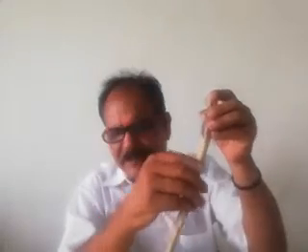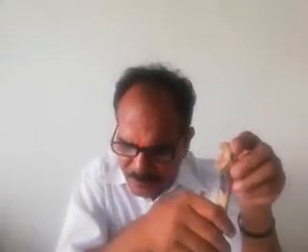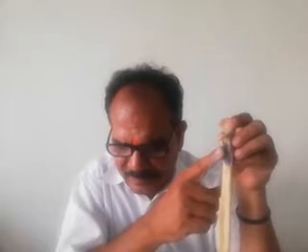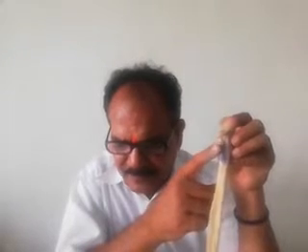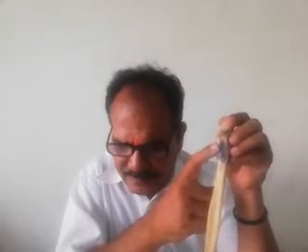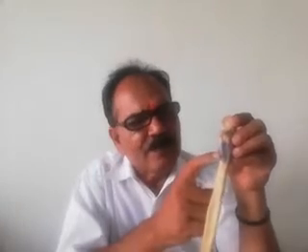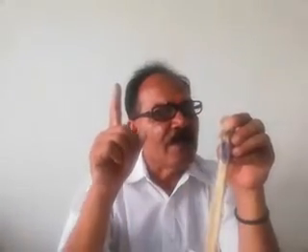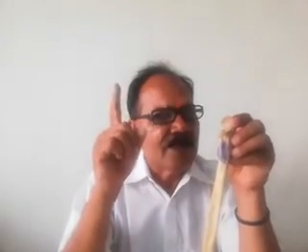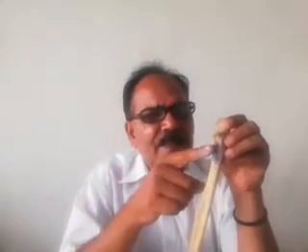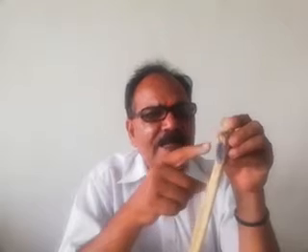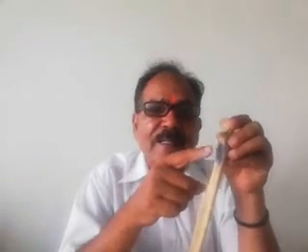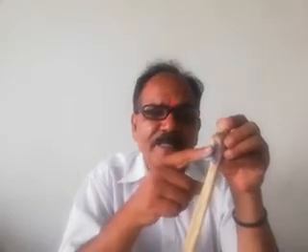Then three important muscles get originated here: flexor digitorum superficialis, then the ulnar head of the pronator teres.